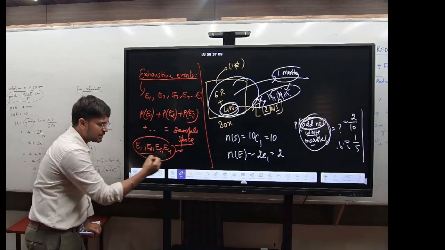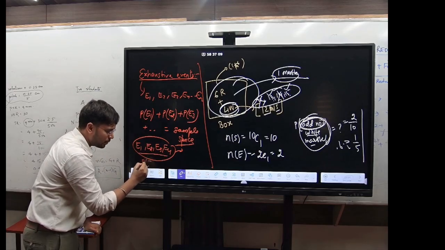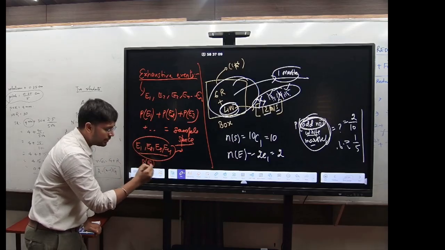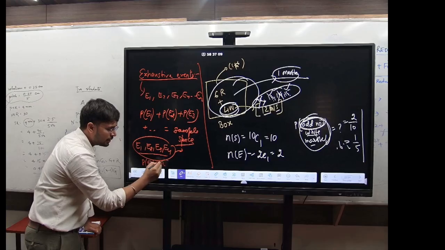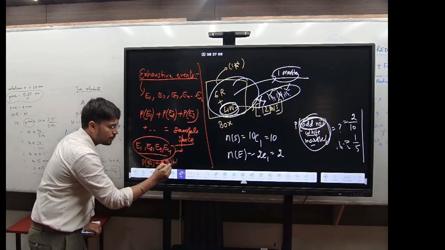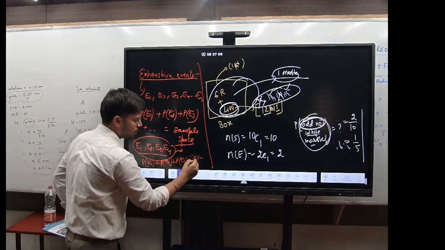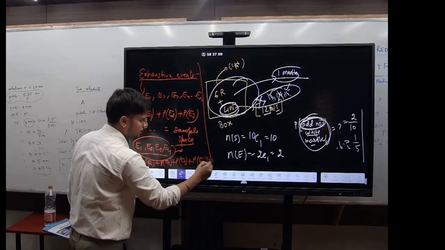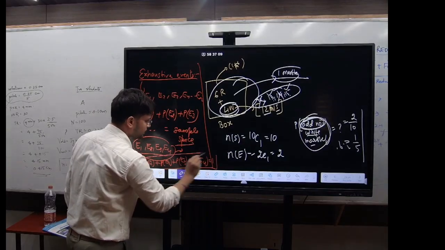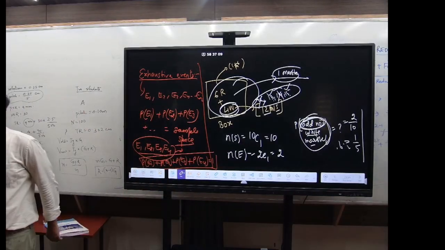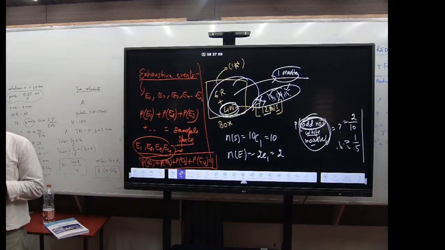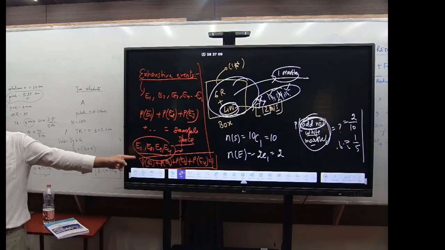And if they are exhaustive, one more very important conclusion is that probability of E1 plus probability of E2 plus probability of E3 plus probability of E4 will be equal to 1. Their probability sum will be 1 only if all 4 are exhaustive.